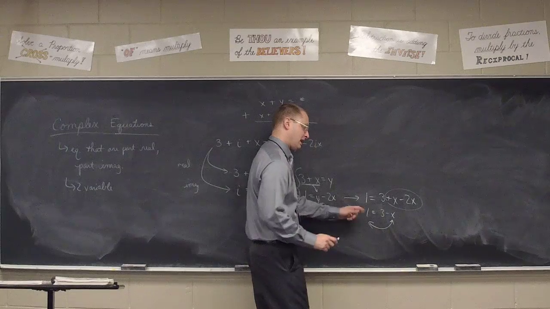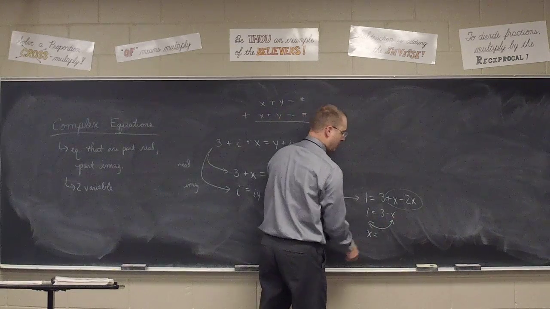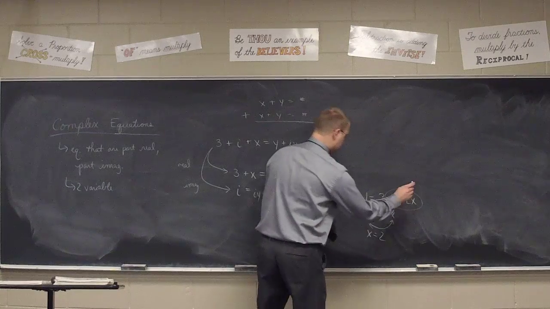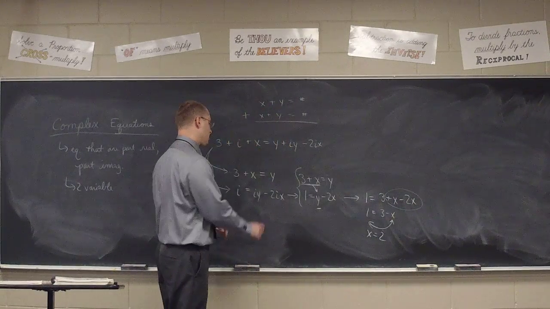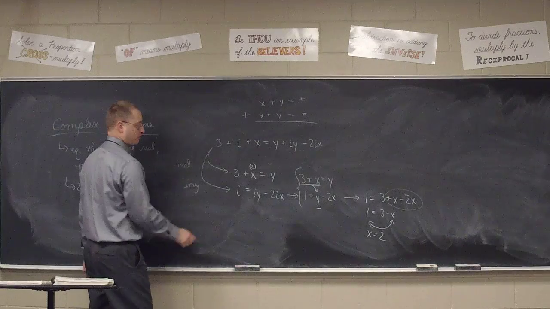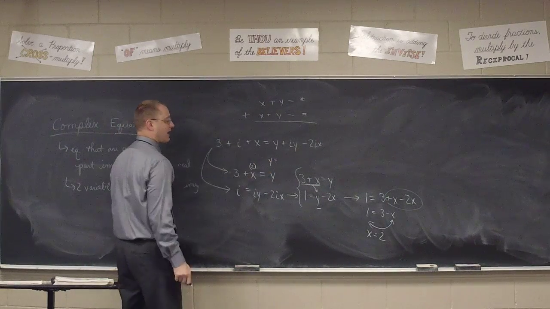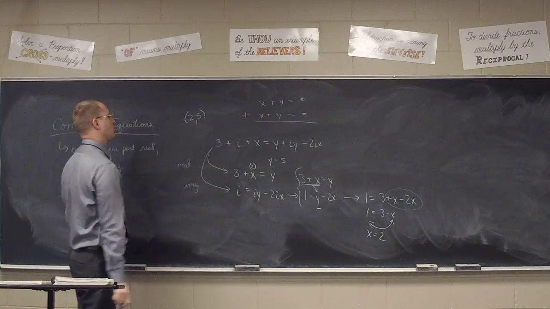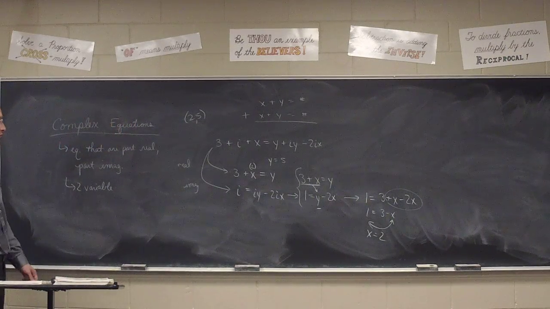Send the x over as a positive, and send the 1 over as a negative. 3 minus 1, which is 2. Once we know that x is 2, we can plug that in to solve for the y. What's our y value? 5. So my answer to the equation is 2, 5. 2 for the x, 5 for the y.